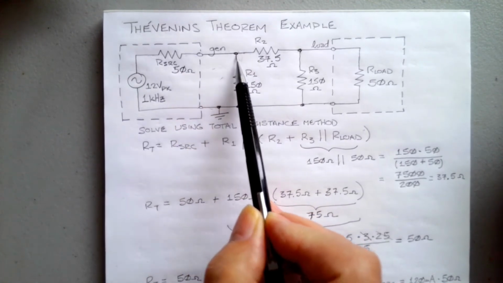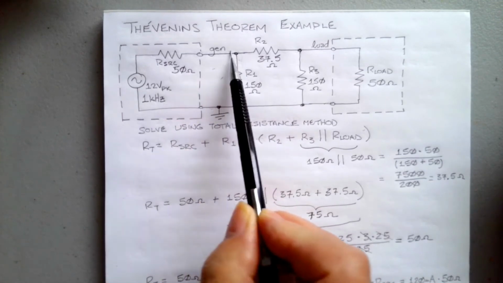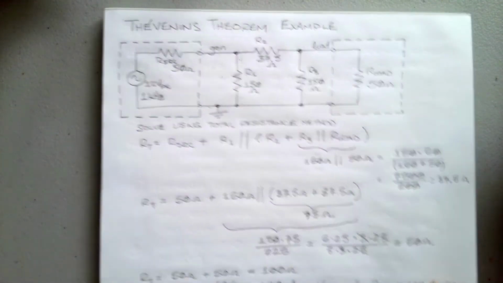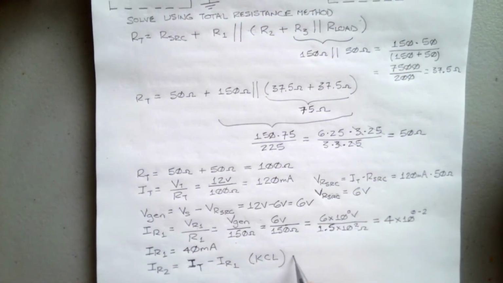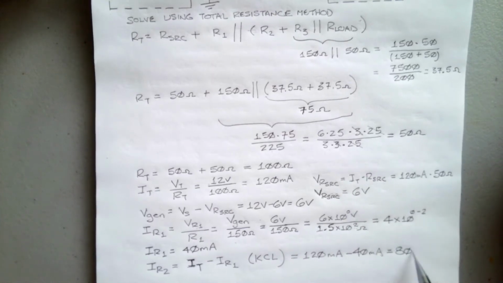And we know that 40 milliamps is flowing out, 120 in, so 80 milliamps has got to be flowing through R2. So we know here that IR2 is equal to 120 milliamps minus 40 milliamps equals 80 milliamps.